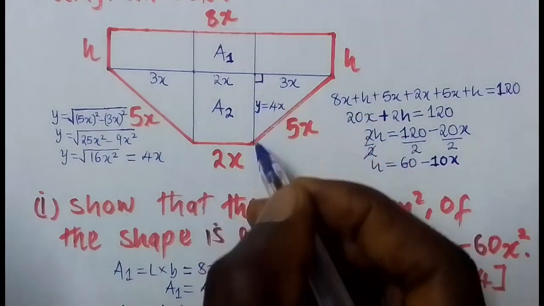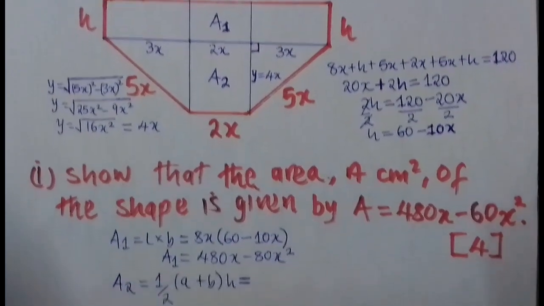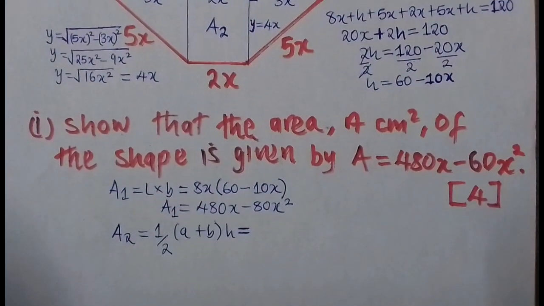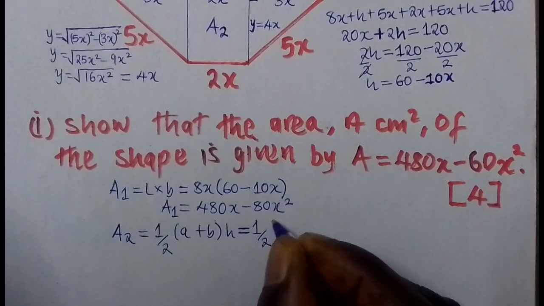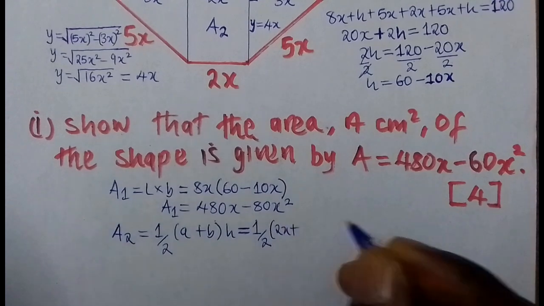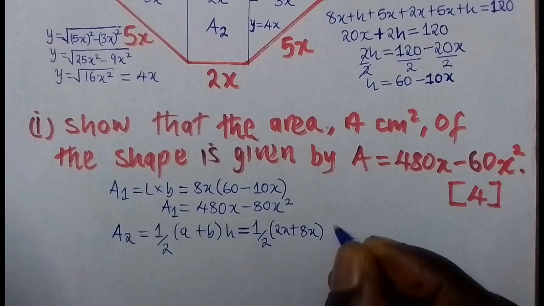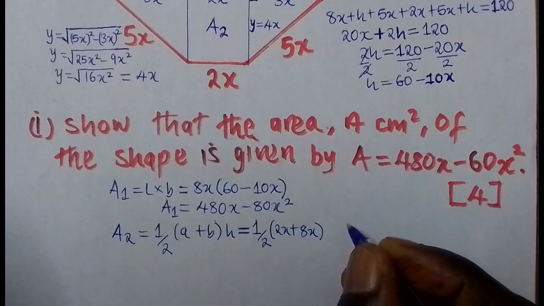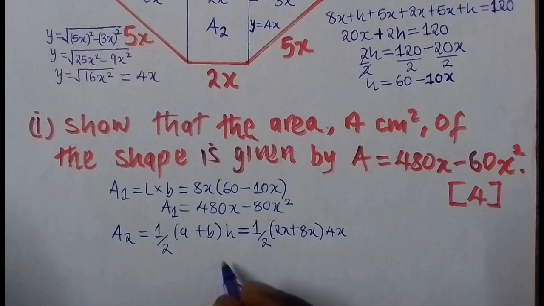Then h is the distance from there to there, which is 4x. So we start with half, then open brackets, a is 2x, plus b is 8x, close. Then all this is multiplied by h, which is 4x.